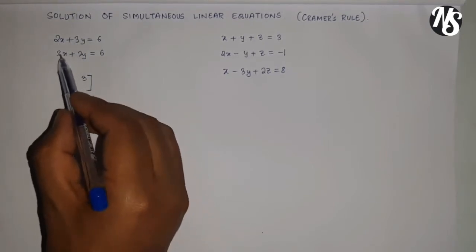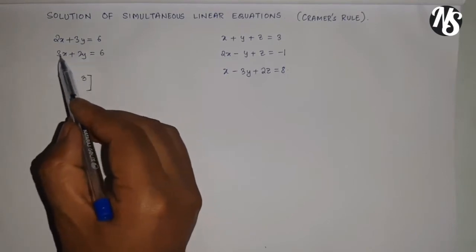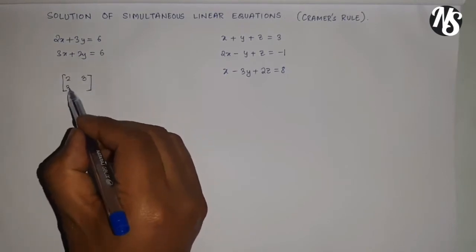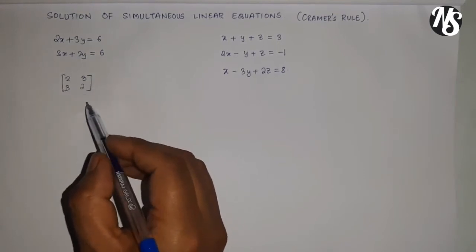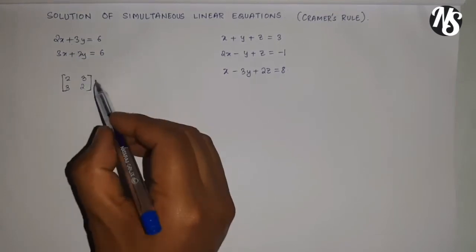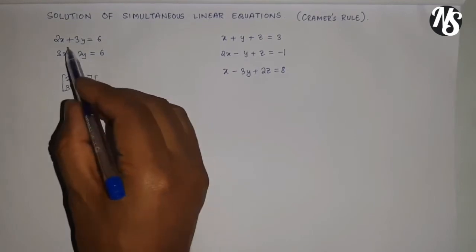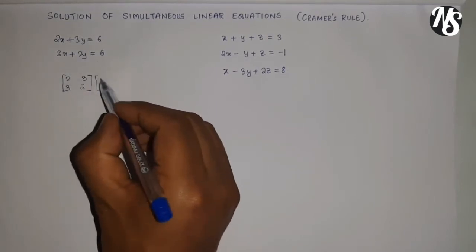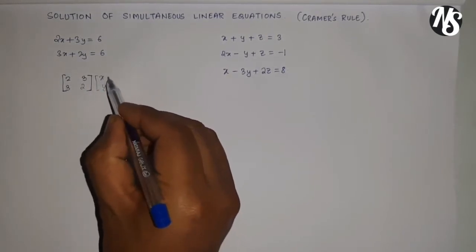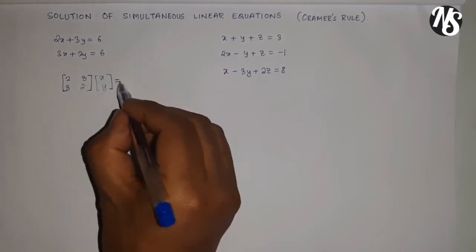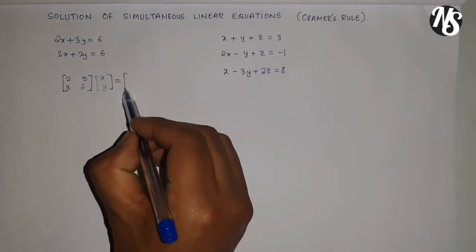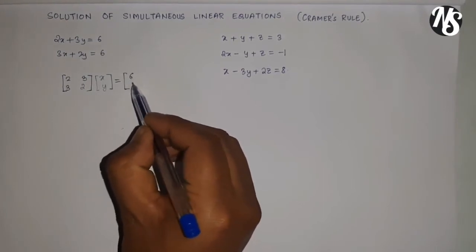And the coefficients of the second equation become my second row, that is 3 and 2. Now the variables here are x and y, so x and y are written in this format. Is equal to, now whatever numbers are here, they will be written in this way.